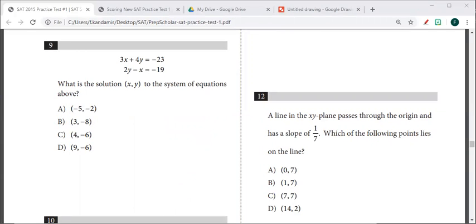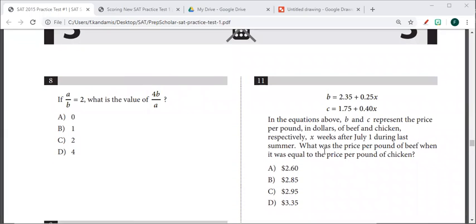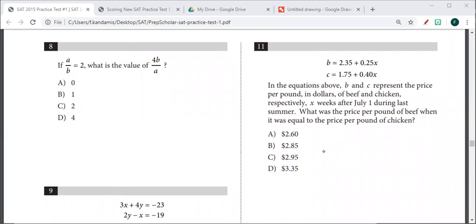Next question is 11 from Heart of Algebra. 11 is here. Okay, it's a little bit tricky. We have B in terms of x and C in terms of x, and B and C represent the price per pound in dollars of beef and chicken, respectively, x weeks after July 1st during last summer.